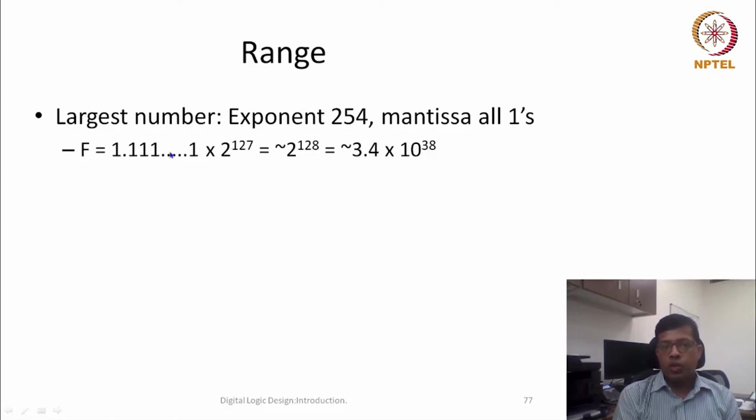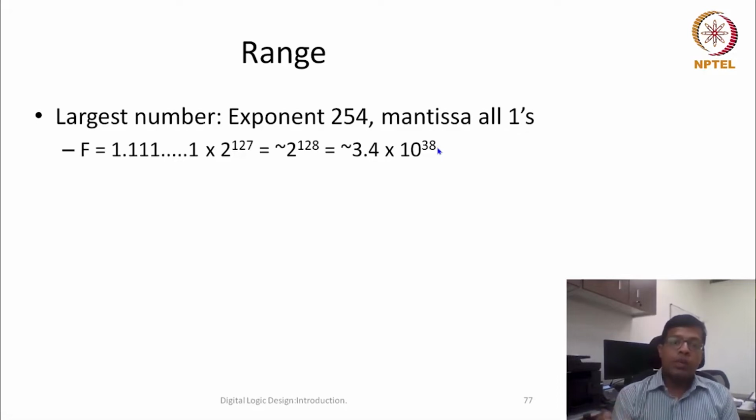So actually this 2 got multiplied with 2 to the power 127, so we will finally have 2 to the power 128, which is approximately equal to 3.4 into 10 to the power 38. Which essentially means that around 10 to the power 38, there are 38 zeros after the 1, so that large a number I can represent in single precision floating point numbers.